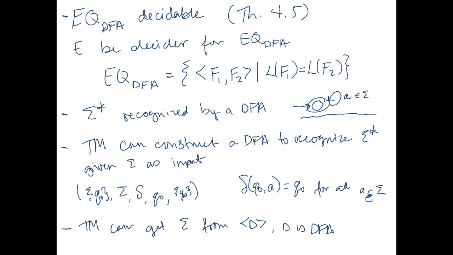Let me remind ourselves of the facts. EQ DFA is decidable, and we're going to call its decider E. Sigma star is recognized by a DFA. A Turing machine can construct a DFA to recognize sigma star given sigma as input, and the TM can get sigma from a description of a DFA. Using these facts, we're going to define a Turing machine M that's going to decide L.